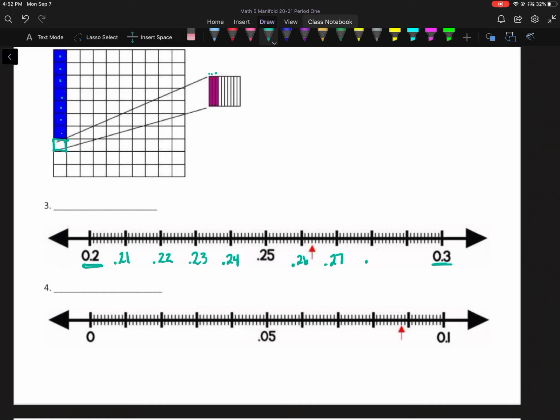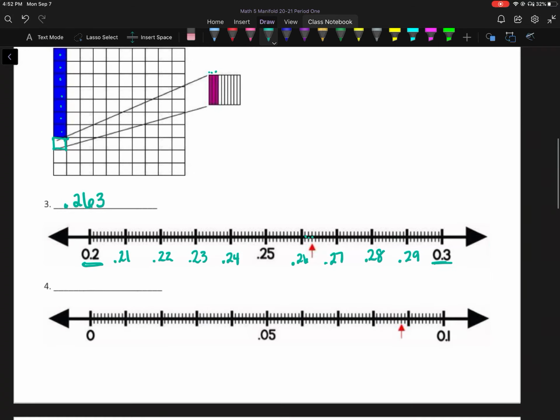So my red line here would be 1, 2, 3, and these little lines represent my thousandths. So the decimal that is being modeled is 263 thousandths.